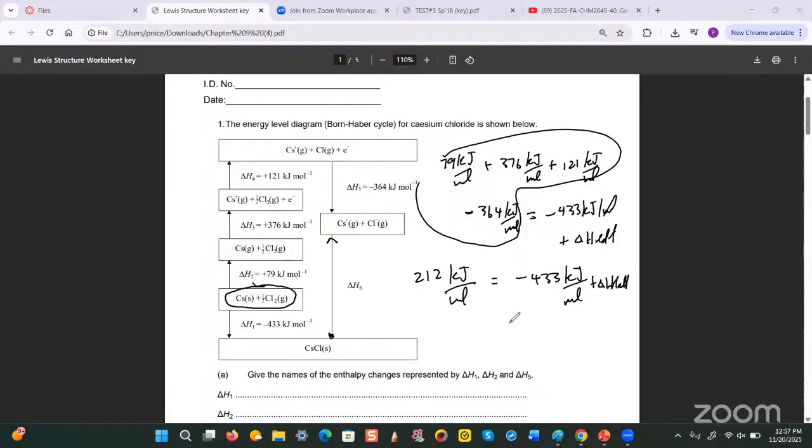And then to get delta H lat, all I have to do is add 212 kilojoules per mole plus 433 kilojoules per mole. And that's it. So 212 plus 433, and the answer is 645 kilojoules per mole. And that's basically how that is done.